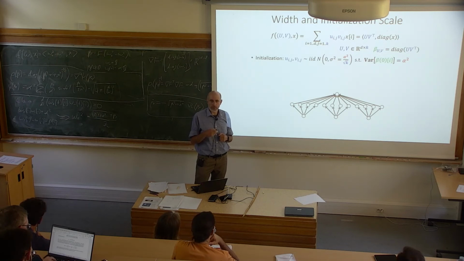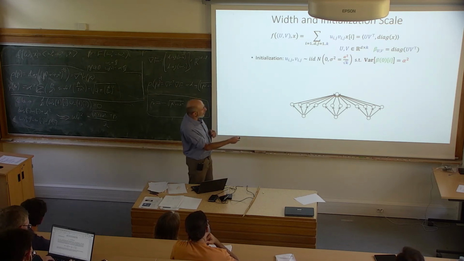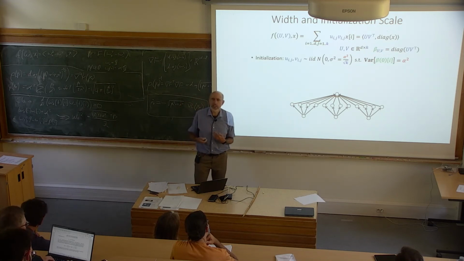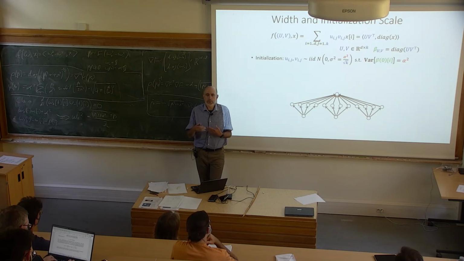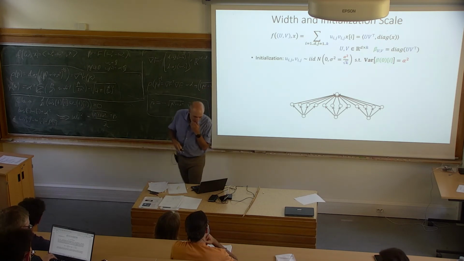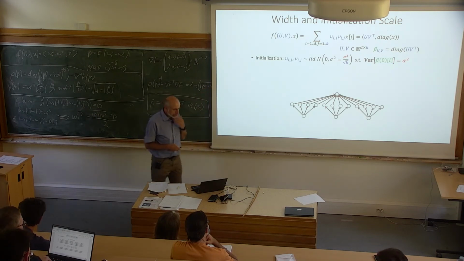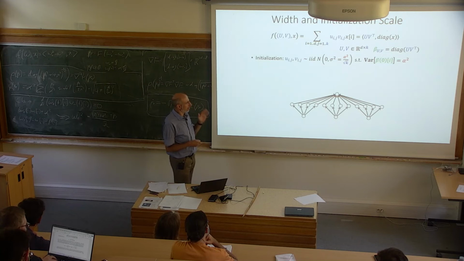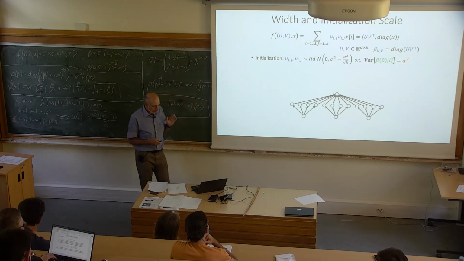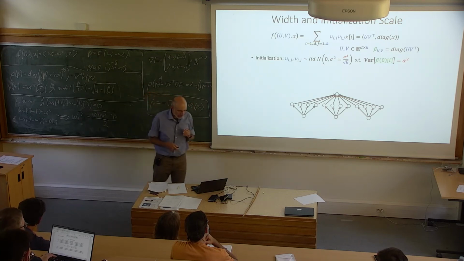The reason I like this scaling is that it's independent of the parameterization. It's a scaling of the function itself, of beta itself. So that's how I define alpha here. The question is what's going on here.